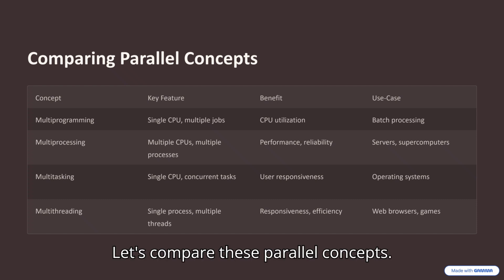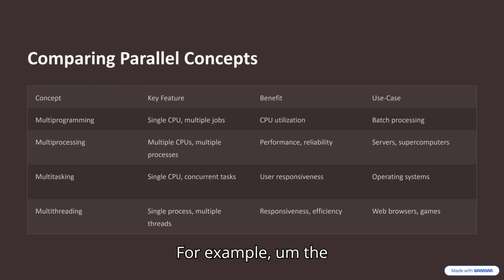Let's compare these parallel concepts. Multiprogramming. Its key feature is one CPU. Its benefit is better CPU usage. Use case, batch systems, etc. Multiprocessing. Its key feature is multiple CPUs and multiple processors. Its benefit is performance and reliability. It is very highly reliable.